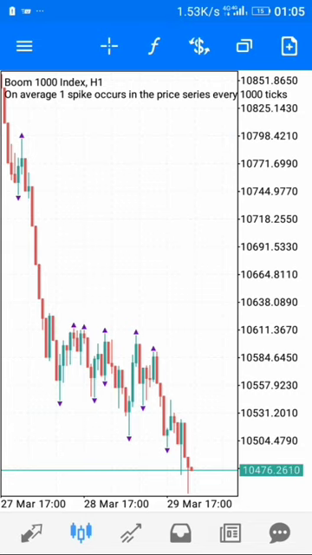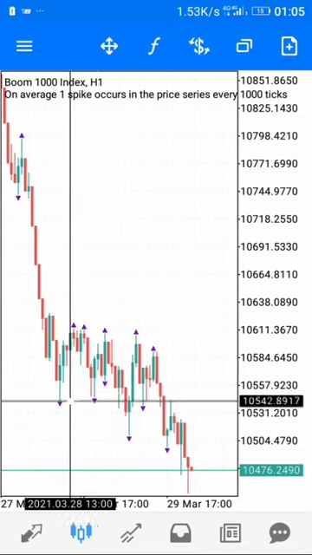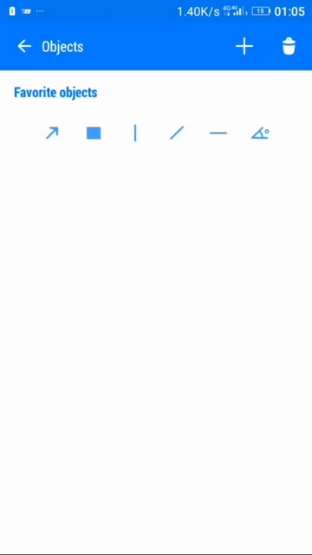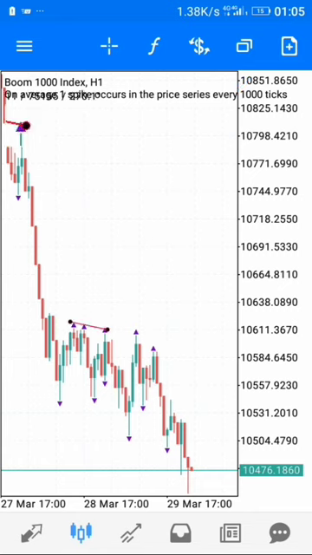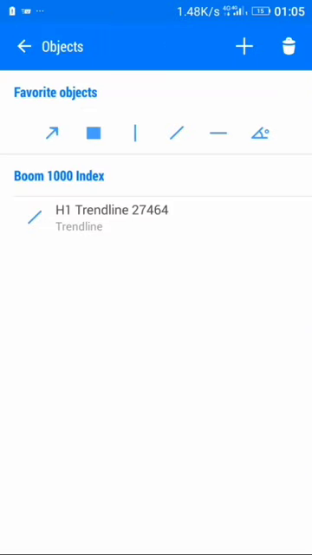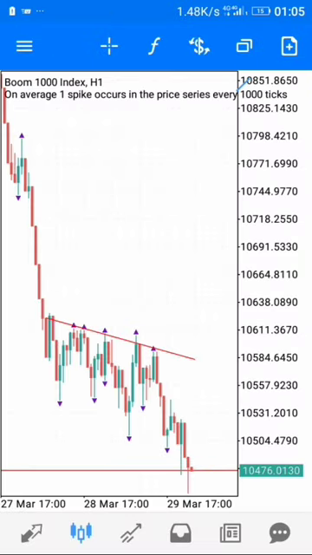Let me just put the trend line again so that you have a better understanding of how it picks the low points and high points. Remember that it made touches here, and remember that our trend line was here as well.